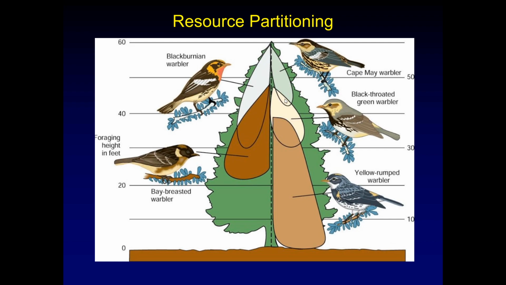Notice there is some overlap, but if two birds have this overlap, it's not going to be for an extended period of time. If it is, it's going to look something like the difference between the Cape May and the black-throated green warbler, where there's a smaller overlap between them. When you see these, it tends to be more of an opportunistic style approach.